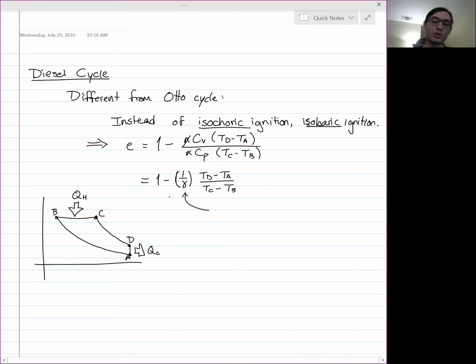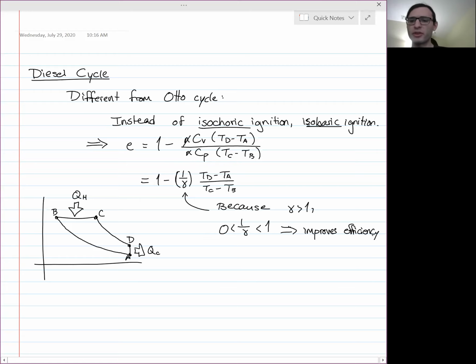In particular, because gamma is always greater than 1, for a given temperature difference between the hot and cold reservoirs, the efficiency of a diesel cycle is higher because 1 over gamma is less than 1, which improves the efficiency. So in general, diesel cycles are more efficient than Otto cycles.